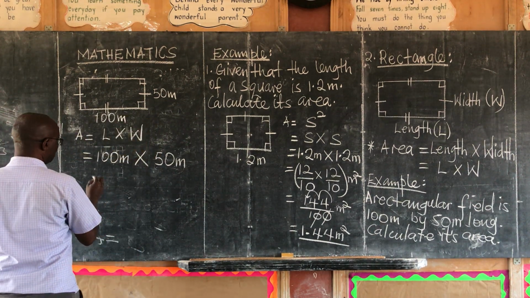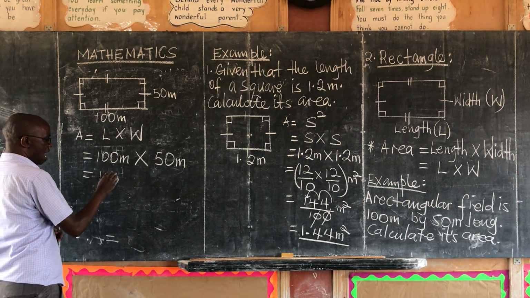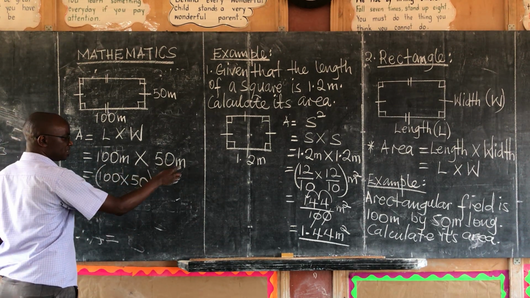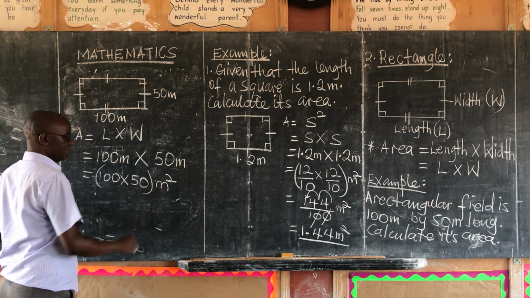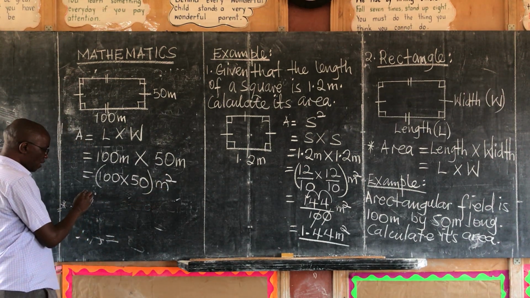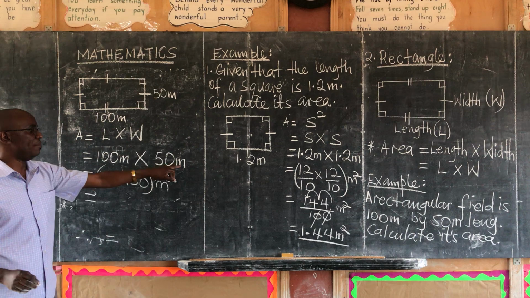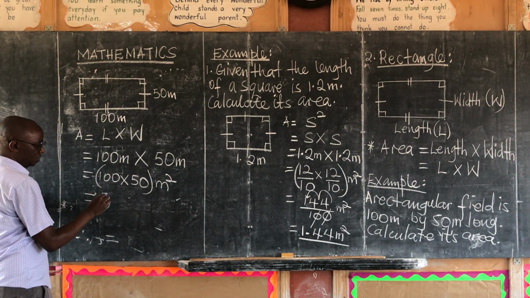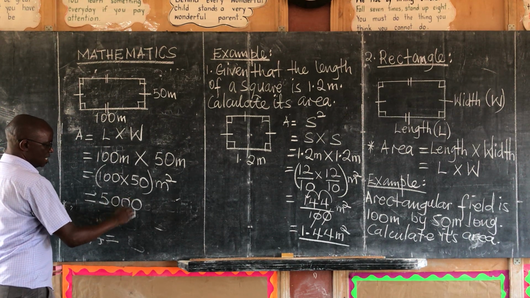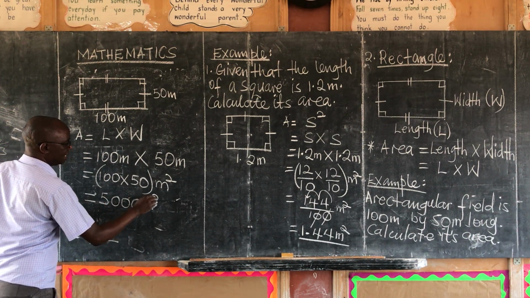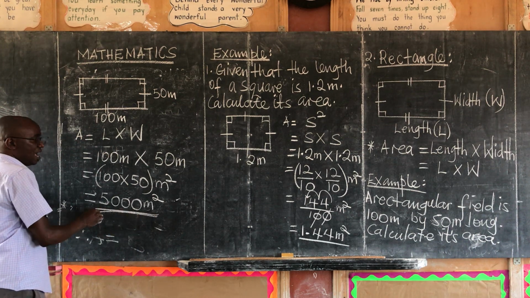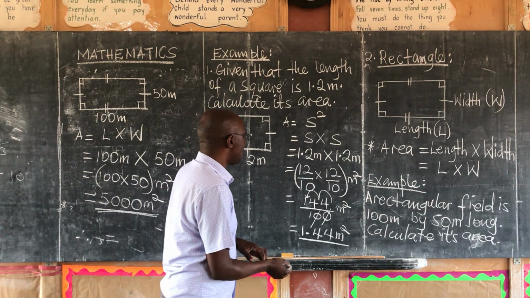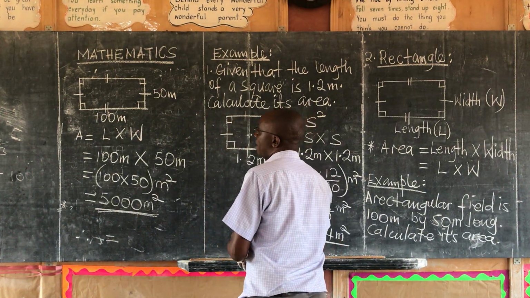So now we multiply, that is 100 times 50. M times M is M squared. So 100 times 50, you are going to get 5,000 square meters. That means the area of that rectangular field is 5,000 square meters.